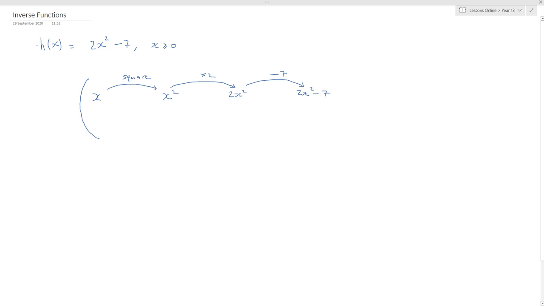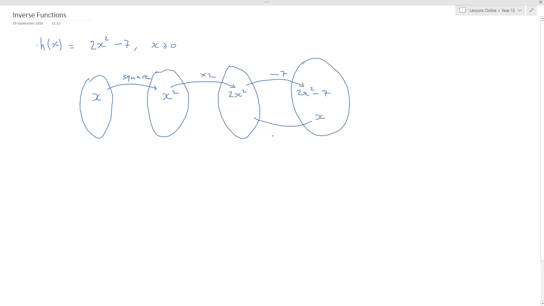So if I can just draw these oblong shapes then, showing where they belong to, and one more. Now if I want to get the inverse, if I want to go all the way back to here, starting with x, this time the inverse of minus 7 is to add 7, so I'm going to add 7 here.